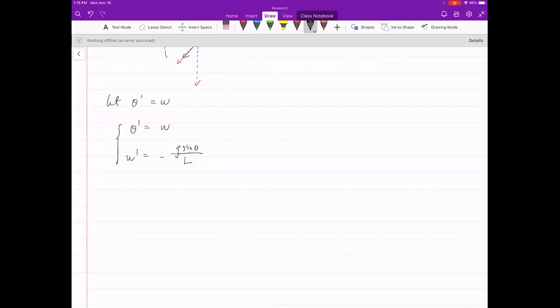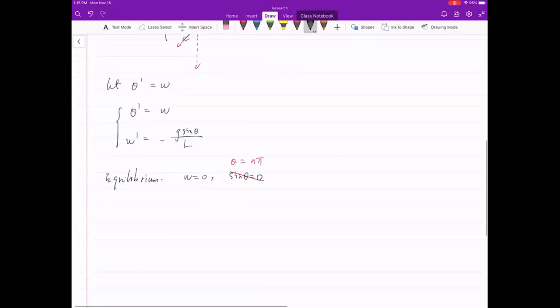Well, equilibrium is omega equals 0 and sine theta equals 0, which gives you theta equals n pi. Your g is a constant, your L is a constant, so there's nothing to do there.